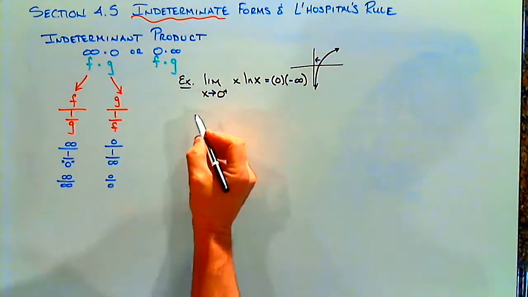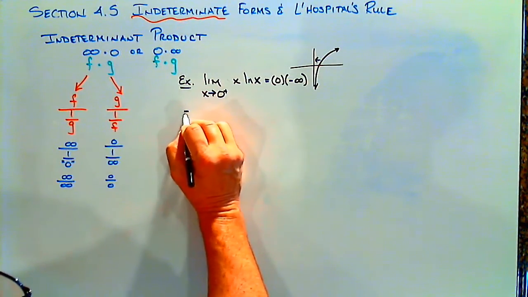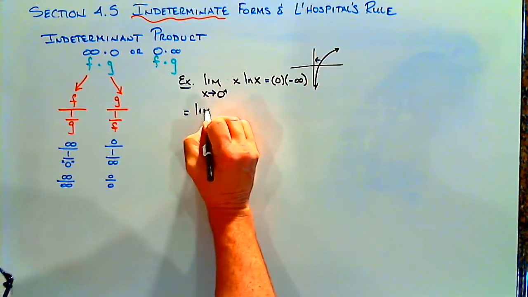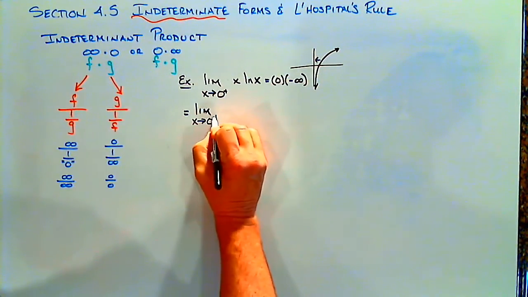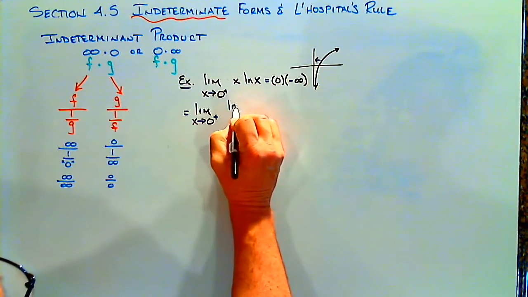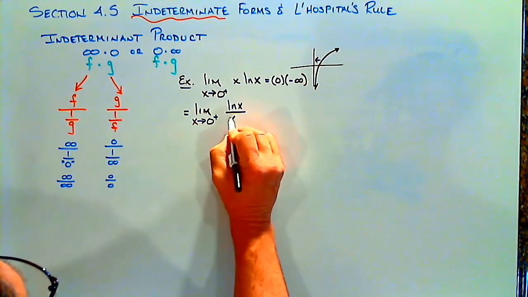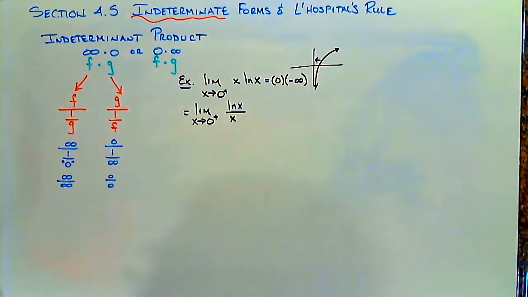So let's rewrite it. We're not using L'Hopital's rule yet, so we don't have to tell anybody we're doing that. This is the limit as x goes to 0, and we're going to rewrite this as the natural log of x divided by x.